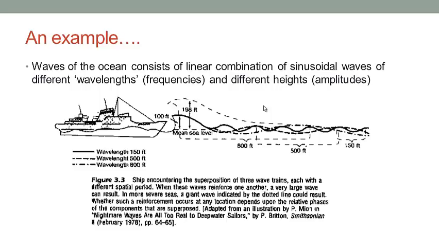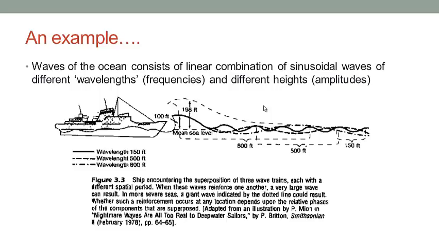It may go up to 198 feet depending on the phase. So this is how they superimpose. Superimpose means they are summed, added to get another waveform. So all these waves being produced are linear combinations of other waves, and these waves are sinusoidal in shape, and the resultant wave is also sinusoidal in shape.